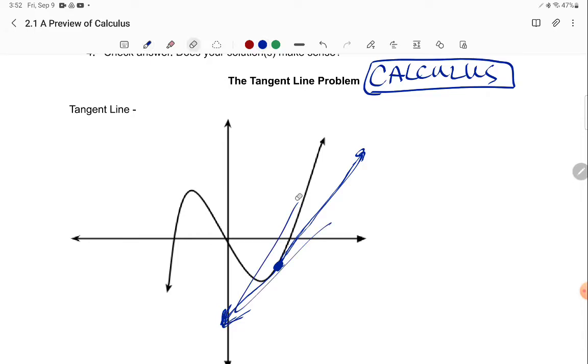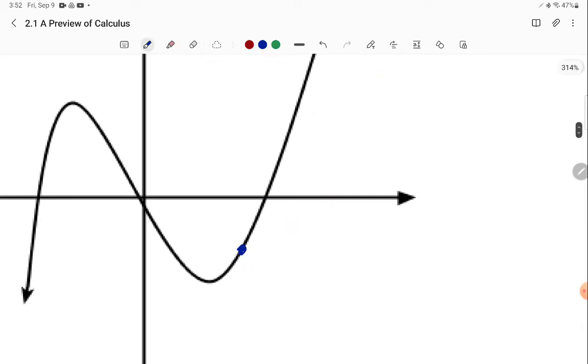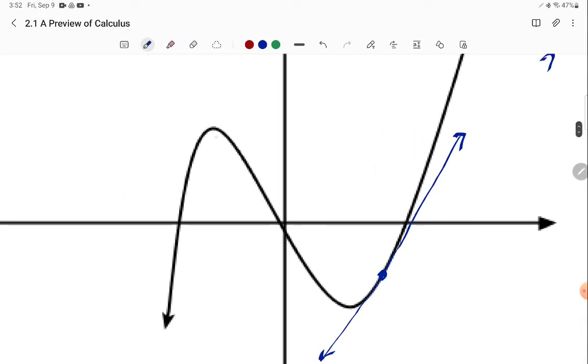Let me try to do this again. Let me zoom in a little bit. So you have a single point, and then imagine if you were to draw a line through that point, what would that slope be? So that slope would be like that. Over here, where we drew the secant line, let's put a point at the maximum value.